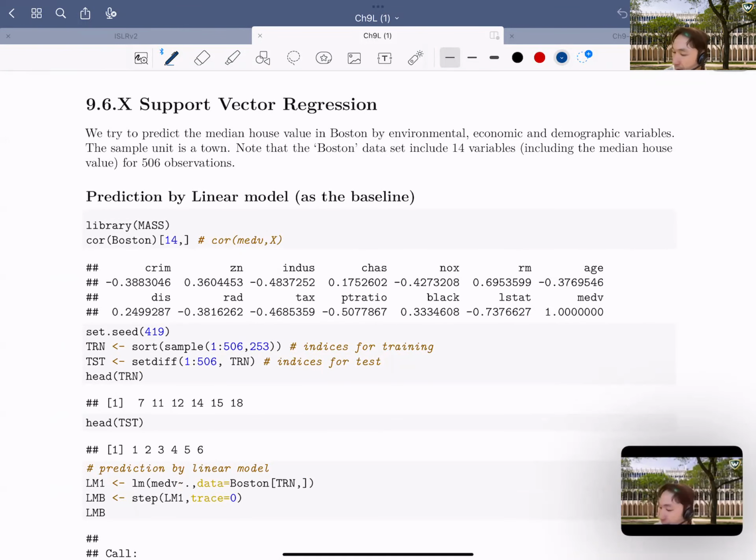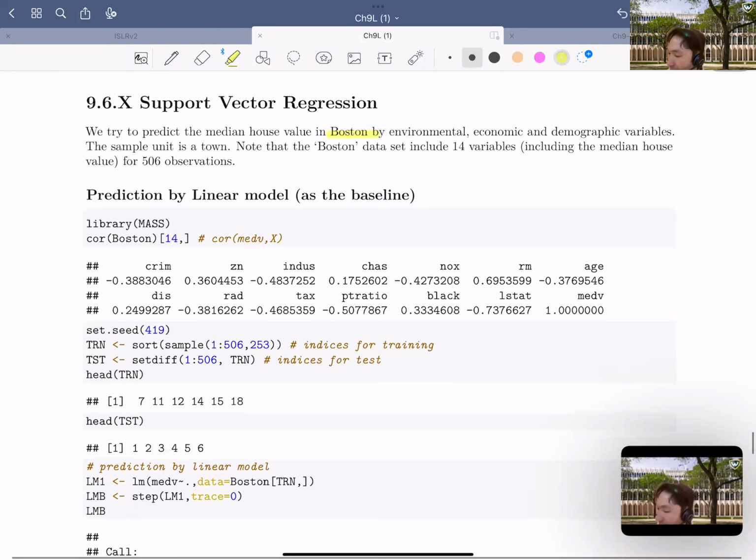In this section, we use the Boston dataset. That is one of my favorite datasets, which has 506 observations and 14 variables for house prices in Boston suburbs.